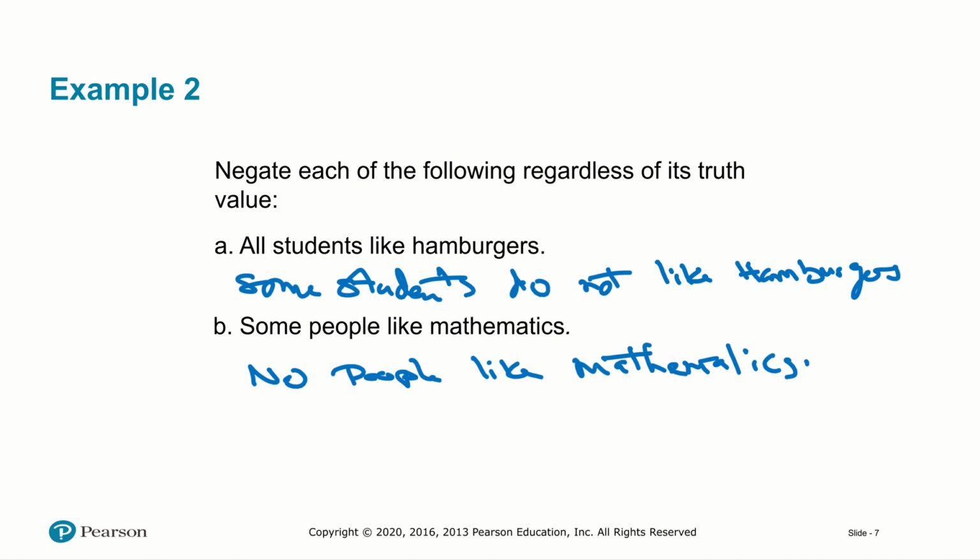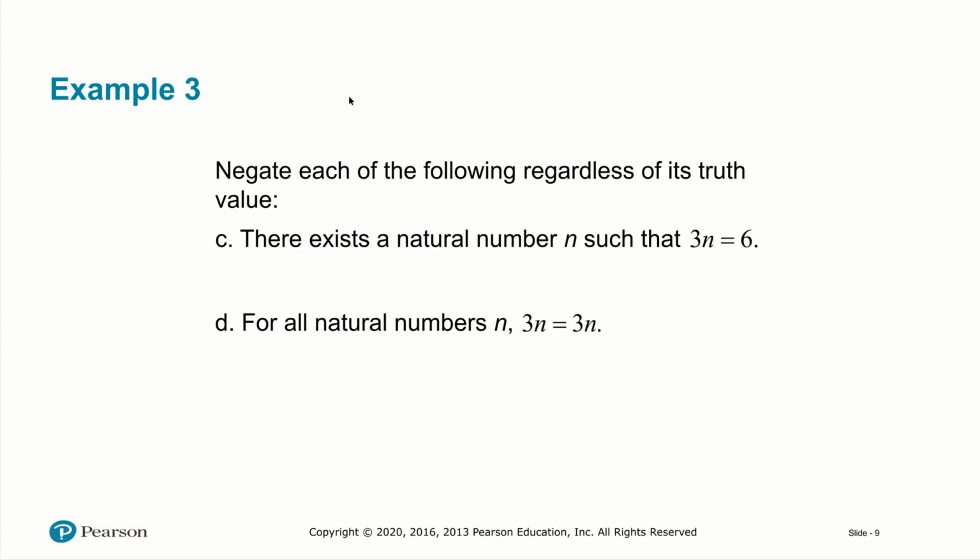All right. Here's an example where we're going to negate the statements. The first one says there exists a natural number n such that 3n equals 6. Now you're going to disregard whether this is a true statement or not. Your goal is just to negate it, right?